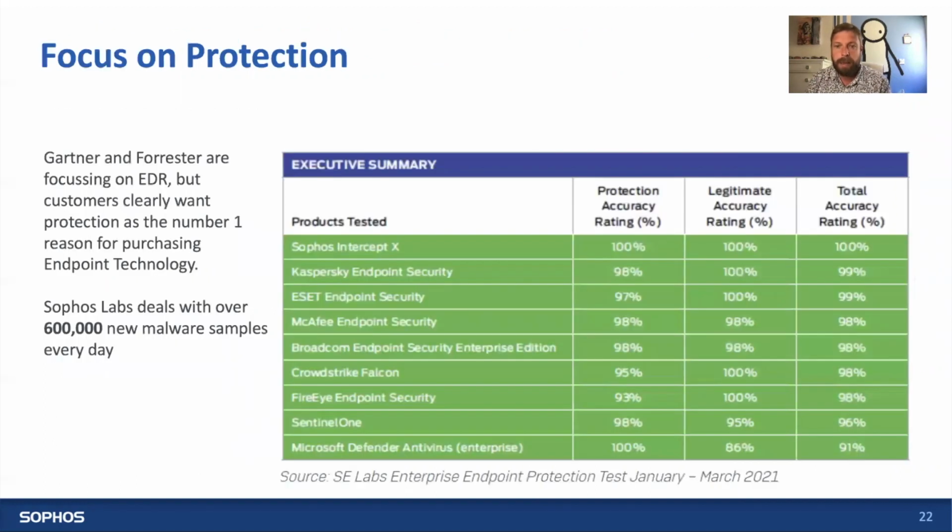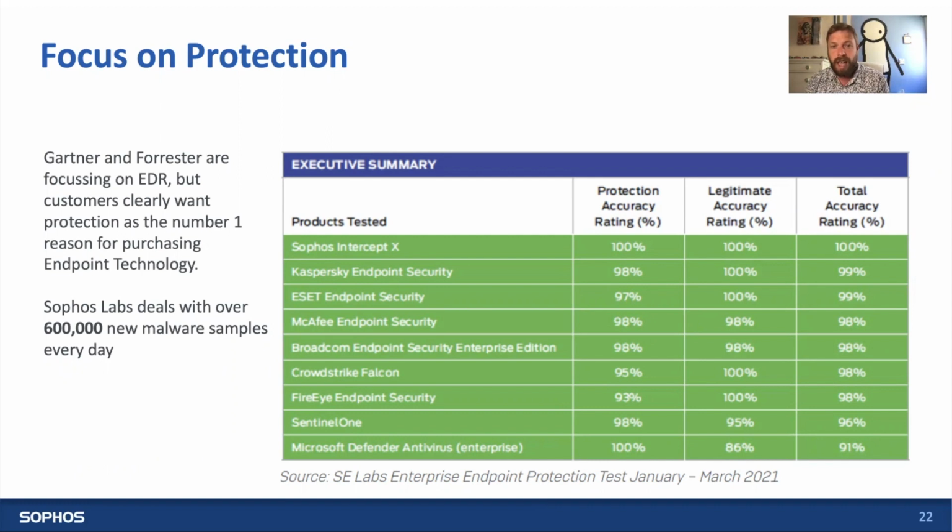However, some of you may be a little bit perturbed, let's say, by our position within that leadership quadrant. So I just wanted to really remind you that one of the core reasons that customers buy any kind of endpoint protection is precisely for that reason, to make sure that they are protected. And this is really where our products excel.